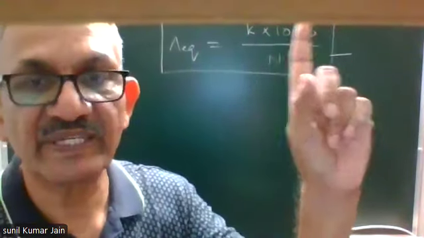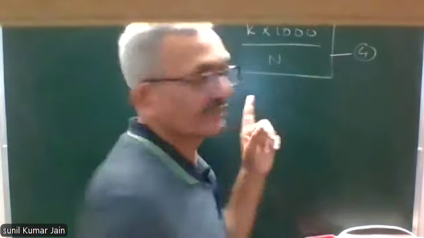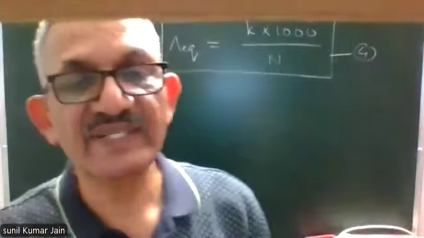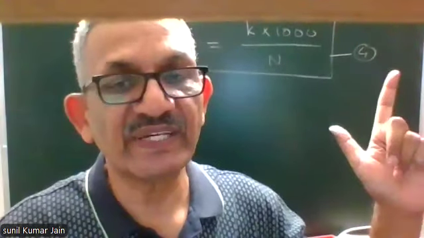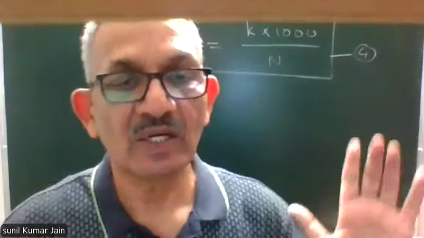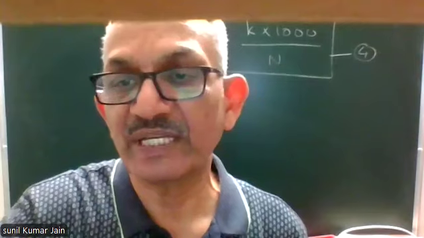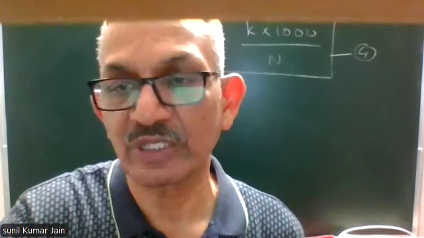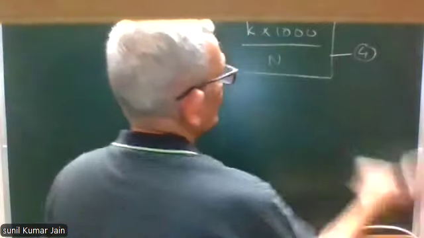Lambda molar conductivity, you could label that as 3 and label this one as 4. So the only difference in these formulas is the denominator. In molar conductivity, it was molarity. Now this is normality. That's the only difference. I'm sharing one numerical based on this equation number 4. Check your WhatsApp.